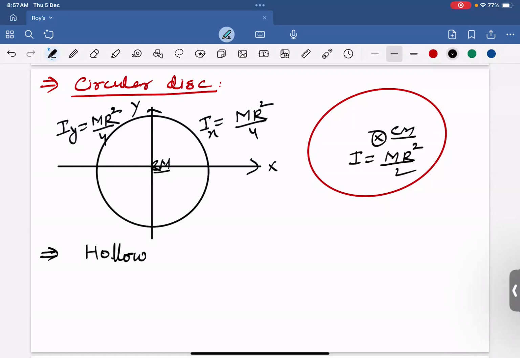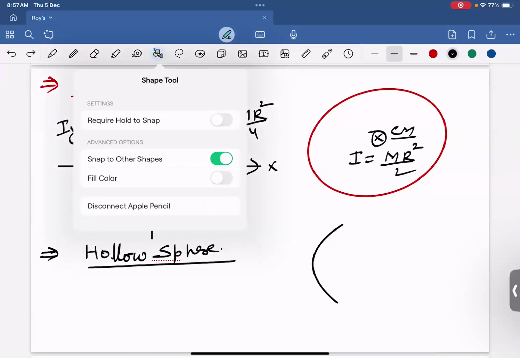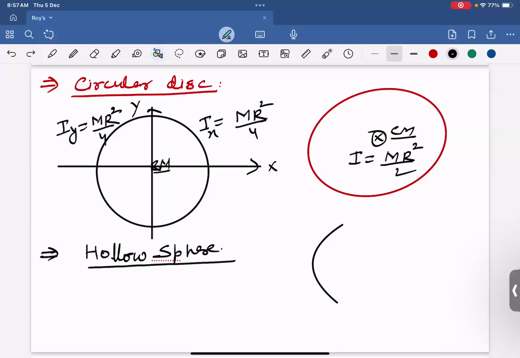So if you have a hollow sphere, it is a three-dimensional body. So it doesn't matter what axis you have taken. If any axis is passing through the center of mass, it will be the same formula.